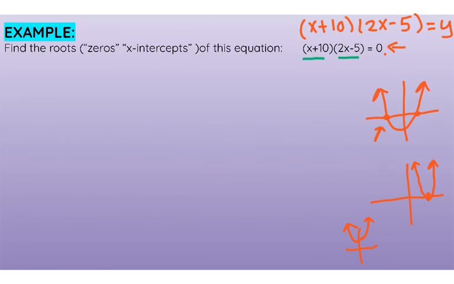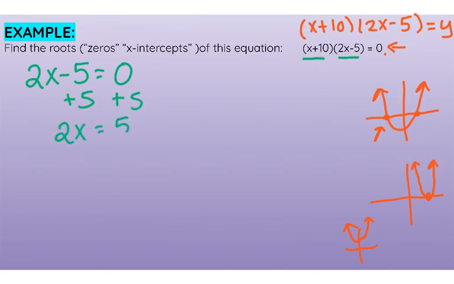So if x plus 10 equals 0, that means we are left with 2x minus 5 is equal to 0, which we can go ahead and solve for x. This is just a basic two-step equation. 2x is equal to 5. Divide both sides by 2. One of my roots is going to be 5 over 2, or you can put that as 2.5 if you'd rather have it as a decimal.